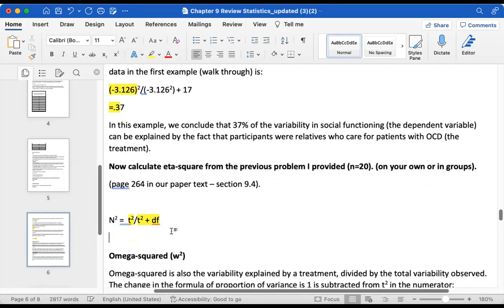You should already have your t obtained value from before and your degrees of freedom. Your degrees of freedom is going to be 19, right? So do 4 brackets, the 3.90, squared, divided by that plus 19.